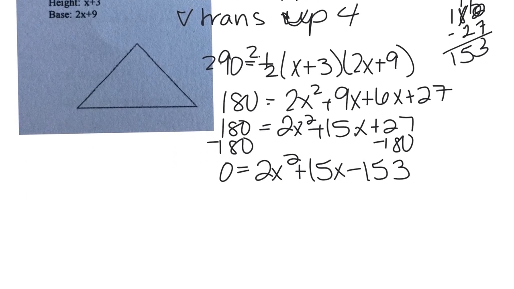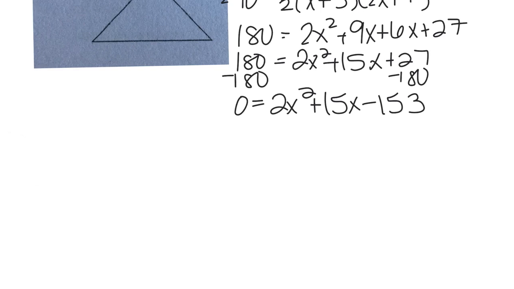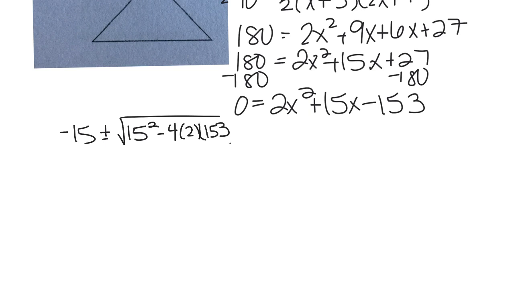Okay, so now we'd like to try to factor that, and it's not factorable. So we're going to go to quadratic formula, -15 plus or minus the square root of 15 squared minus 4 times 2 times 153 divided by 2 times 2.